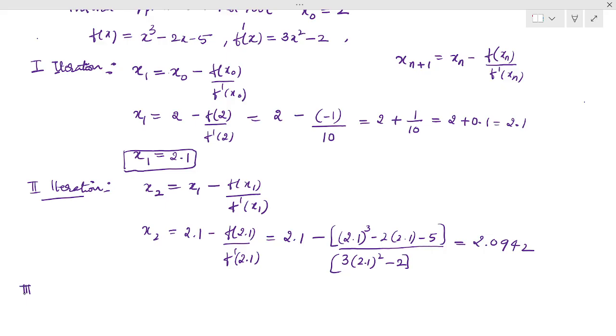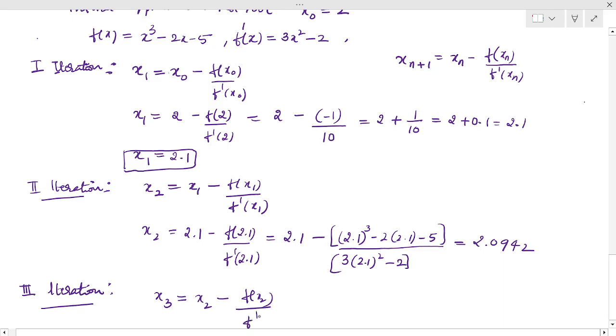We will go for a minimum of 3 iterations here. Third iteration. Here the x2 value is 2.0942. What is the third iteration? x3 is equal to, substitute n is equal to 2 here, that is x2 minus f of x2 divided by f dash of x2.